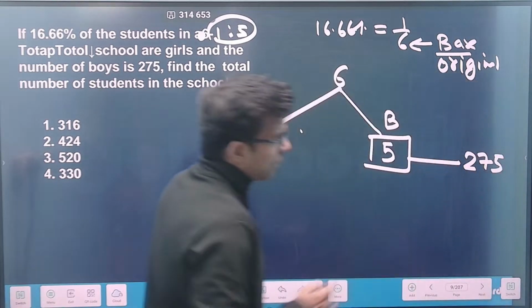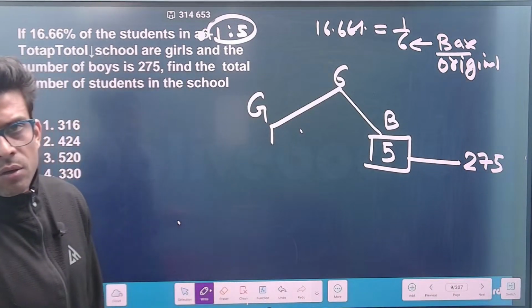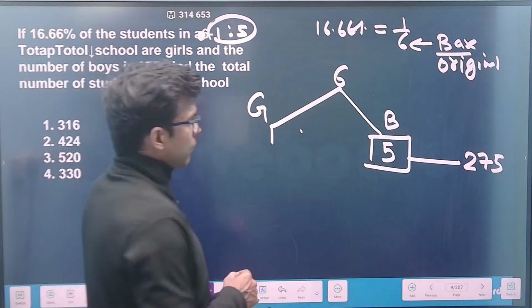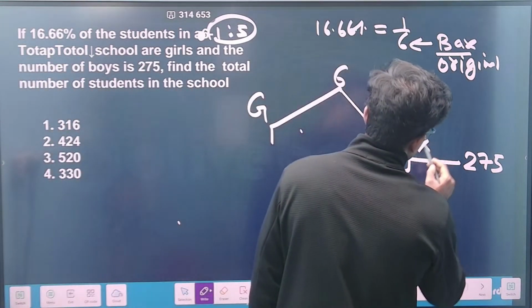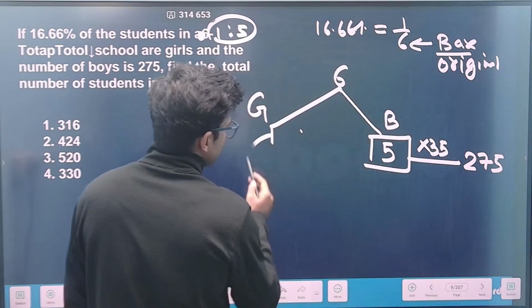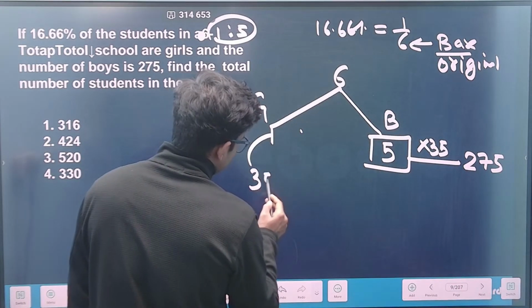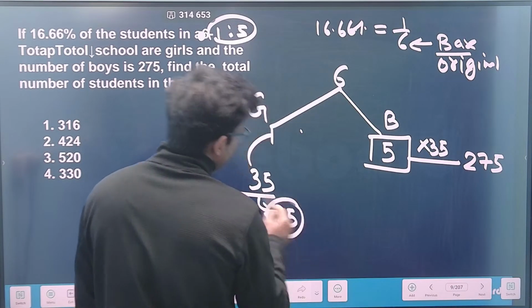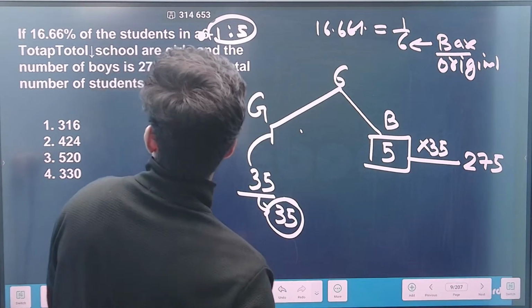So what can I multiply? Can you say that? I can multiply 55 over here. If I multiply it by 55, then this is also multiplied by 55 and eventually it will become 275. Correct? Now find the total number of students in the school.